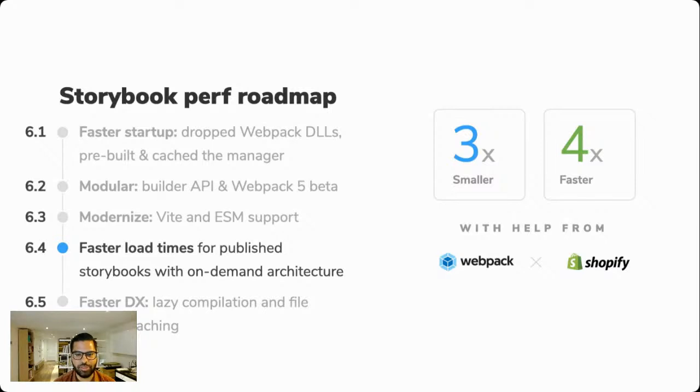Whenever you visit a Storybook URL, whatever story you're visiting, it will only load up the code for that particular story. What we found was that this cut bundle sizes by up to 3x, and in turn that resulted in up to 4 times faster load times for those published storybooks.